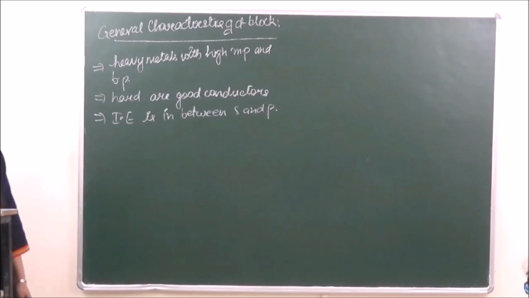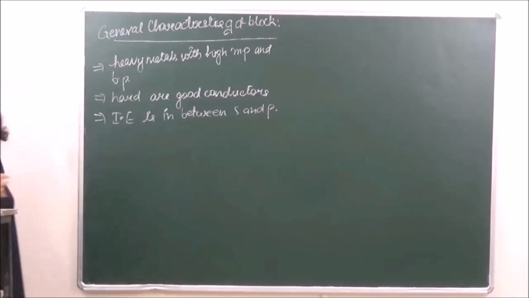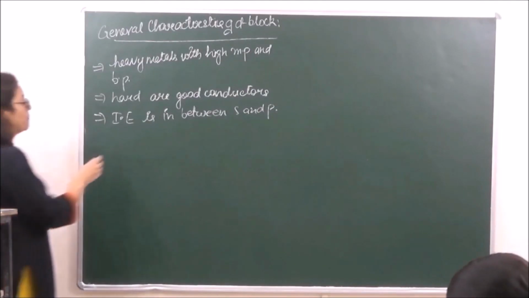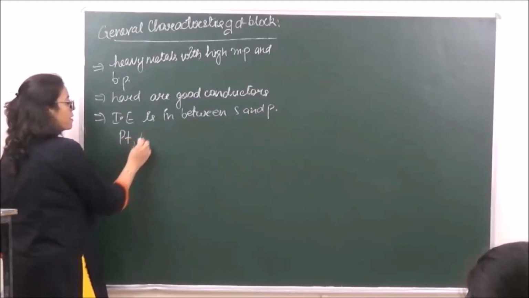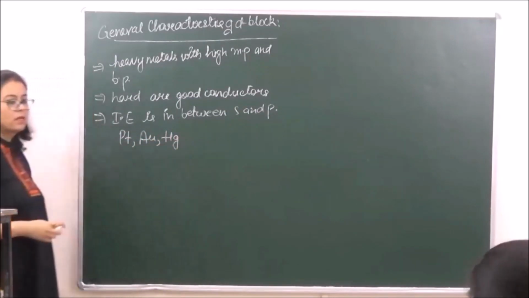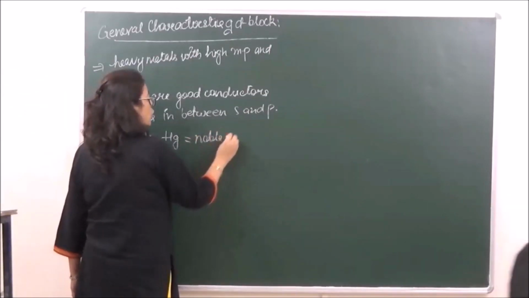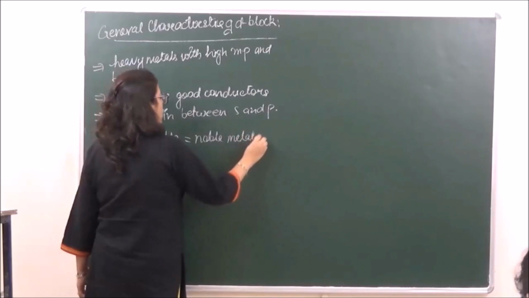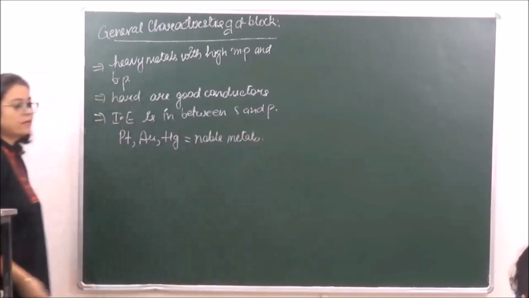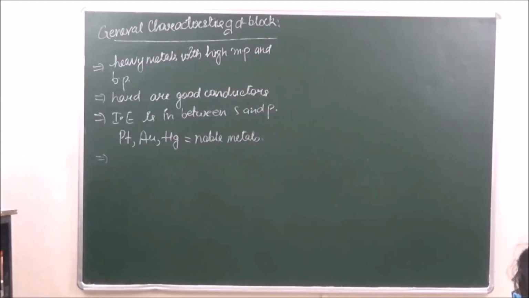Then we can also write down that there are certain elements like platinum, gold and mercury. These are known as noble metals because of their very low reactivity, right?